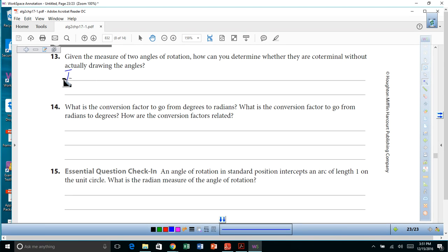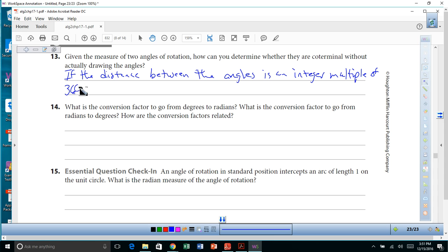So if the difference between the angles is an integer multiple of 360 degrees or 2 pi radians, they are coterminal.